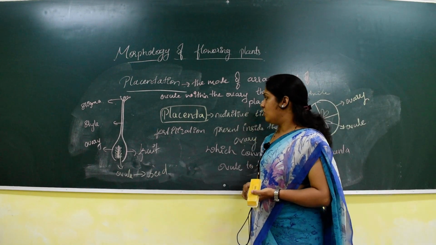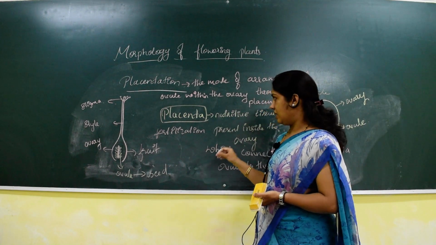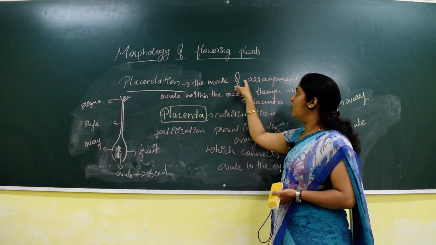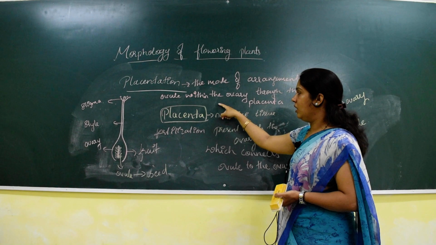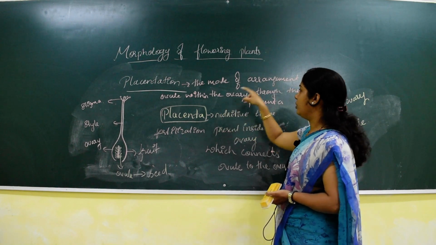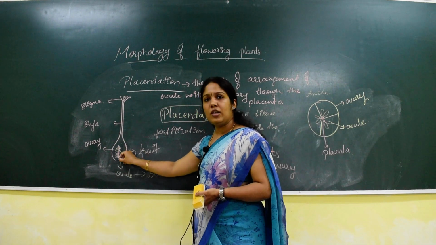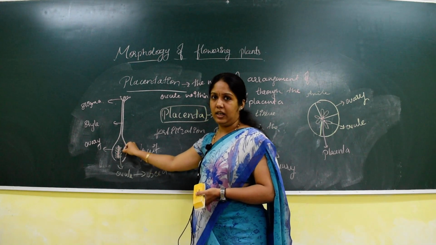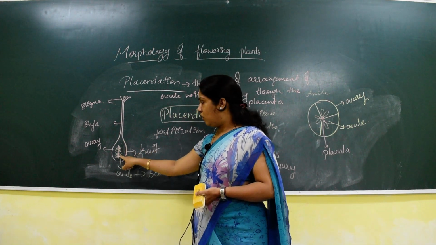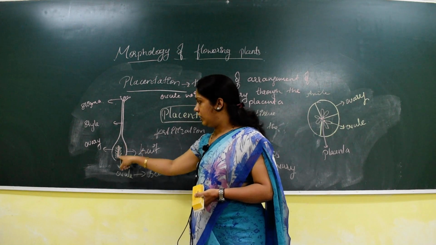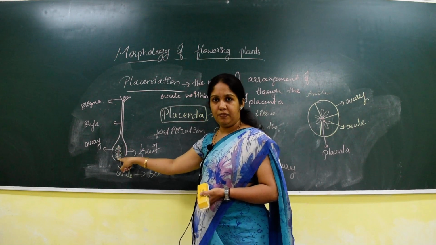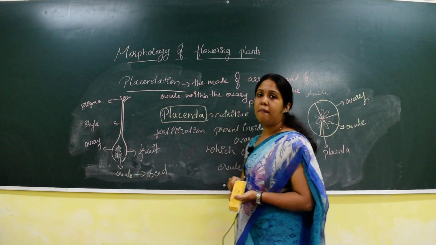Now, why I am saying this means, here we can see the mode of arrangement of ovule within the ovary. ಈ ovary ಒಳಗಡೆ ovule ಯಾವ ಪ್ಯಾಟ್ರನ್ ಅಲ್ಲಿ ಅರೇಂಜ್ ಆಗಿರುತ್ತೆ, ಓವ್ಯೂಲ್ ಓವರಿ ಜೊತೆ ಕನೆಕ್ಟ್ ಮಾಡೋ ರಿಡ್ಜ್ ಅದು ಇದೇ ಪ್ಲಾಸೆಂಟಾ. So that itself is called as placentation.